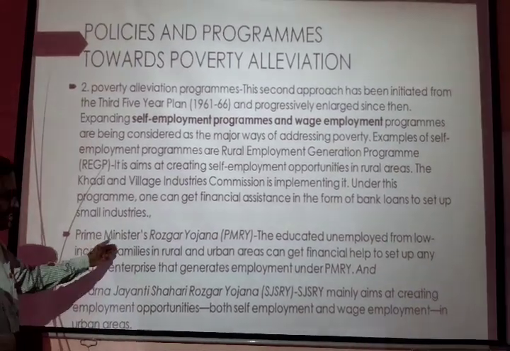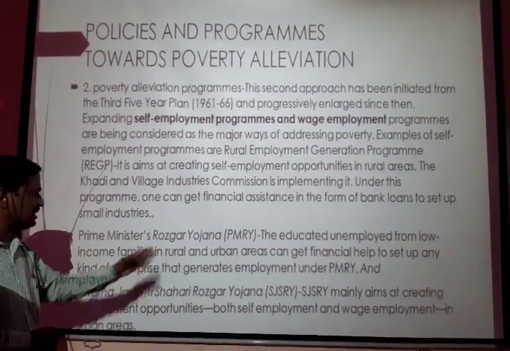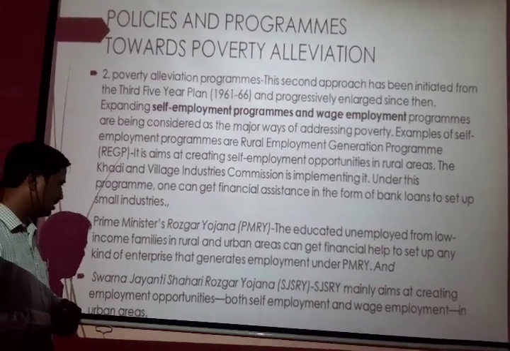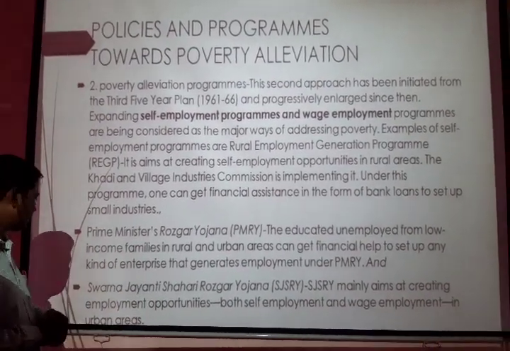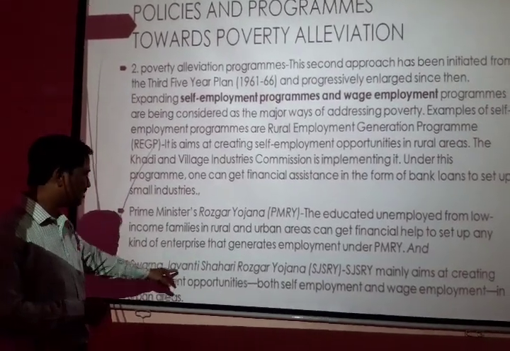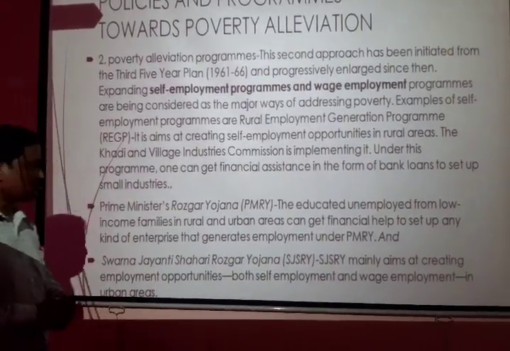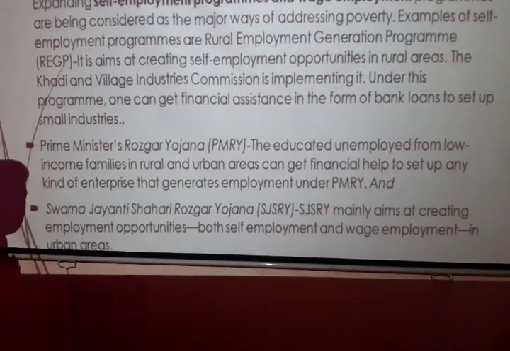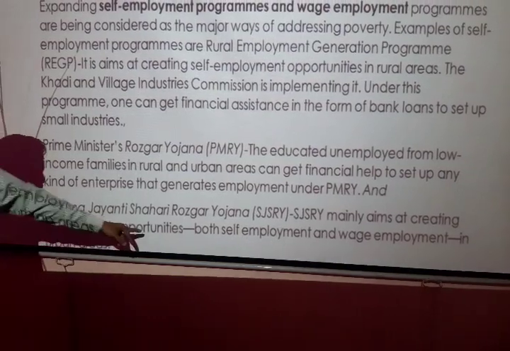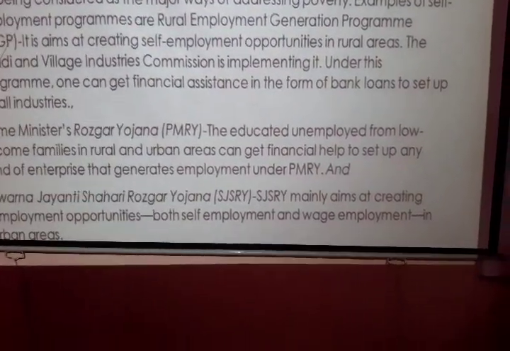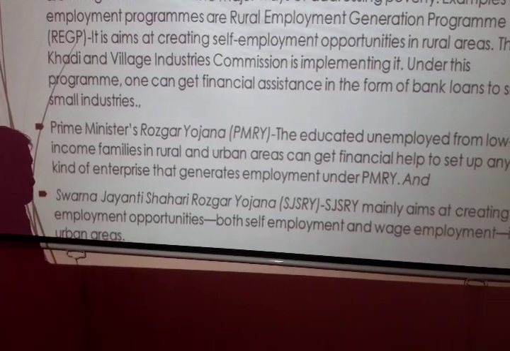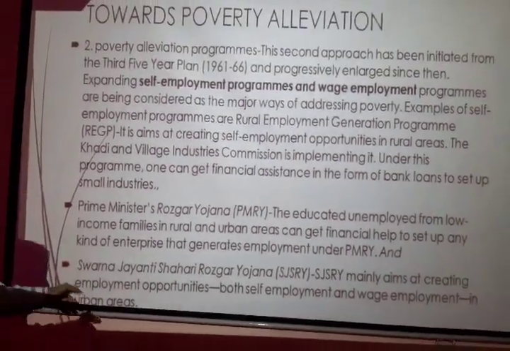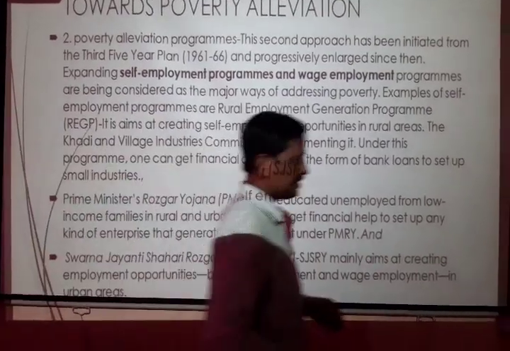After getting financial help, one can start their own enterprise, run production and maintain their livelihood. Next is the Swarna Jayanti Shahari Rozgar Yojana. The main aim of this program is to create employment opportunities, both self-employment and wage employment, in urban areas.